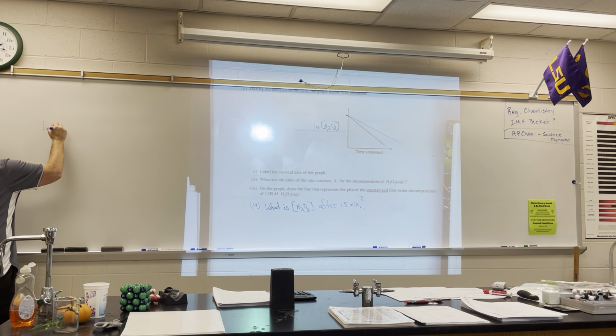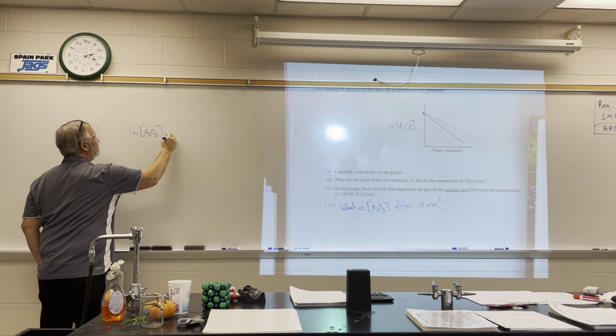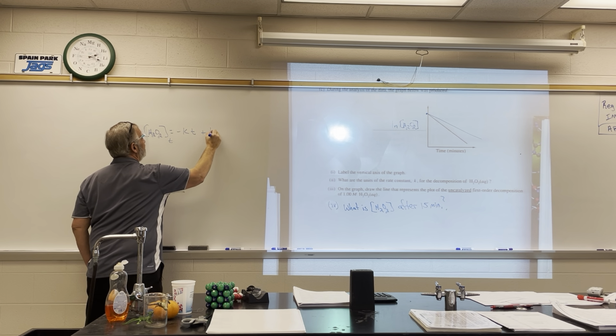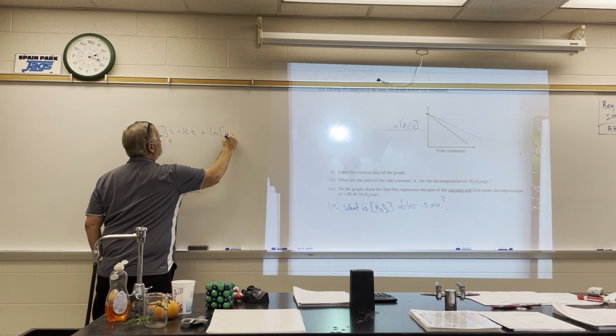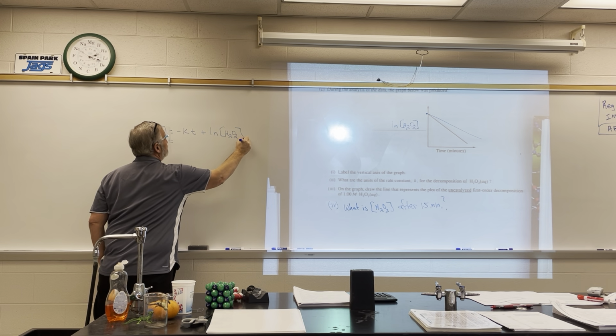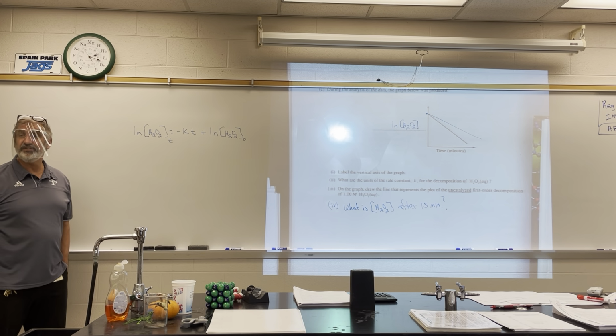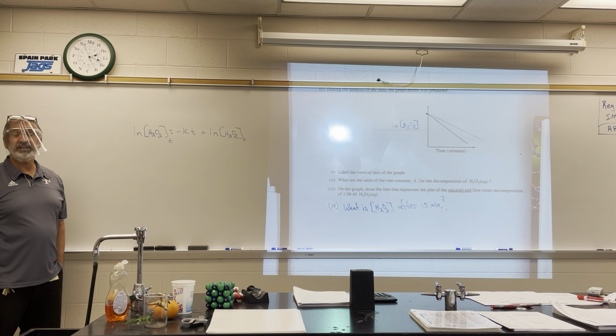Because I know the natural log of H2O2 at any time t is going to equal negative kt plus the natural log of H2O2 initial. Now again, that equation is given to you. That is my integrated rate law for a first order reaction.